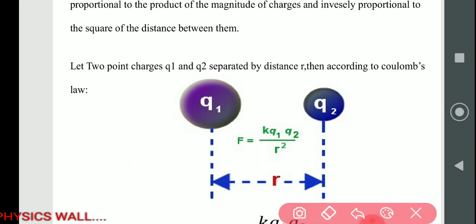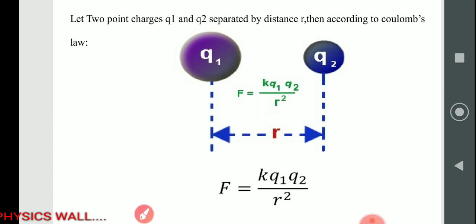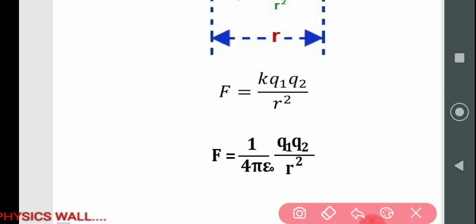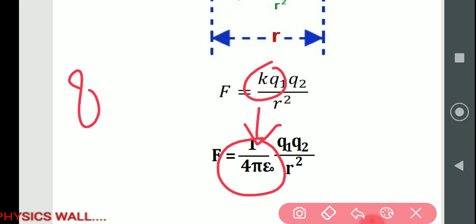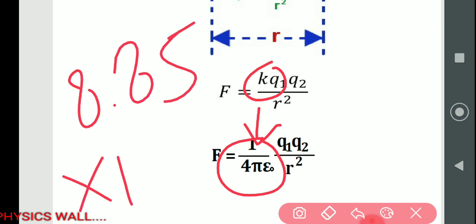So, we can write F is equal to k Q1 Q2 by R square. In place of k, we can also write 1 by 4 pi epsilon naught, where epsilon naught is the permittivity of free space. Its value is 8.854 into 10 power minus 12.